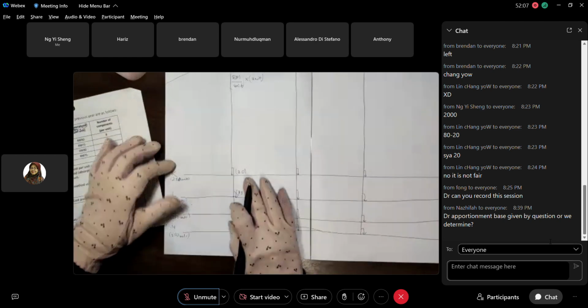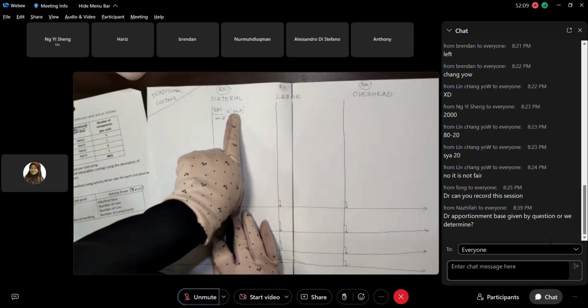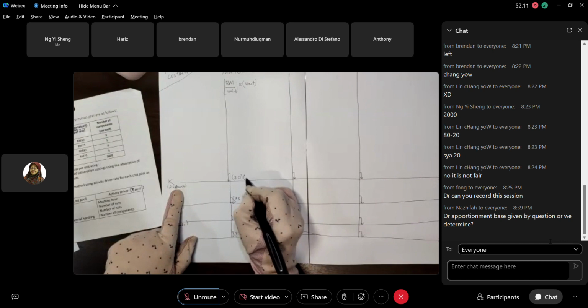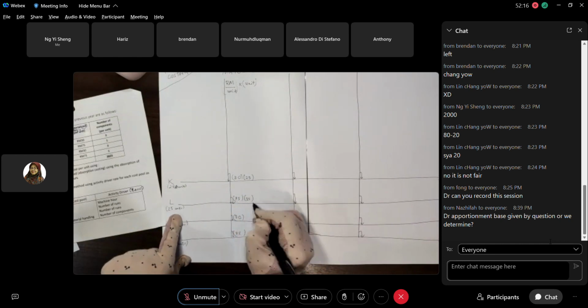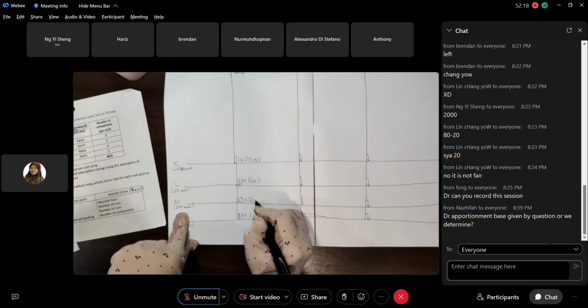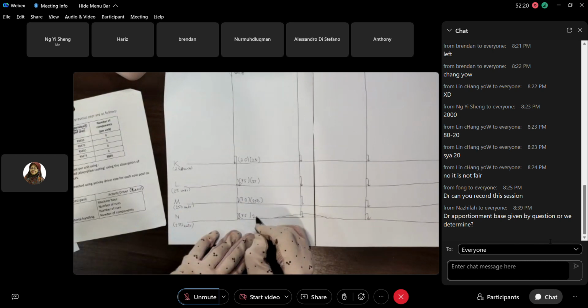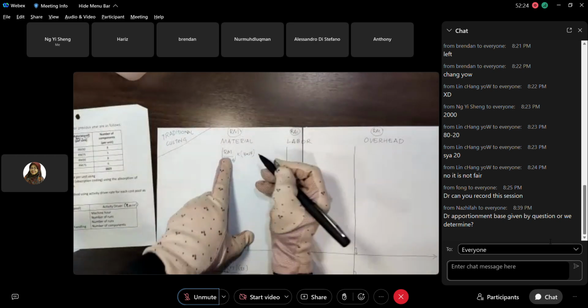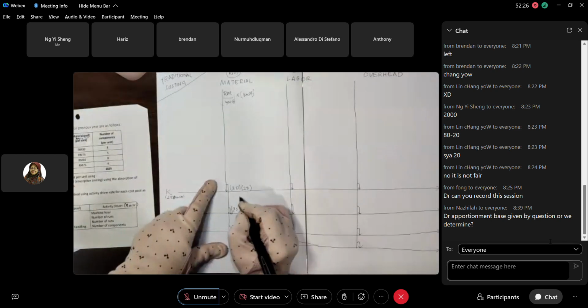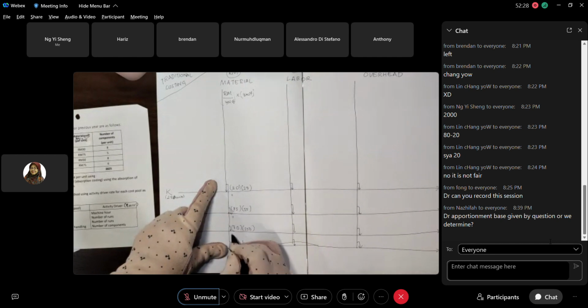So RM per unit times unit, so the unit is 25, 25, 250, and 250. Then you get the RM, because the unit cancels out, leaving only RM. So you get the numbers here.